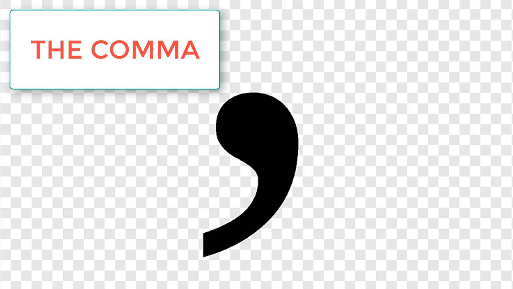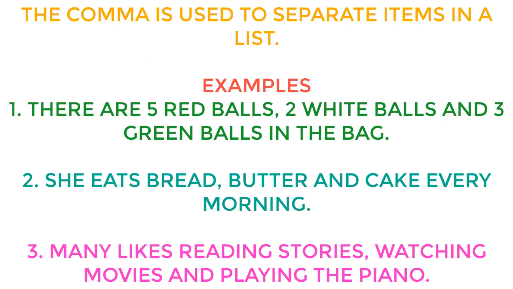Let's now shift our focus to the comma. The comma has many uses, which include: 1. The comma is used to separate items in a list. A list is the naming of things in succession. Let's look at the following examples.